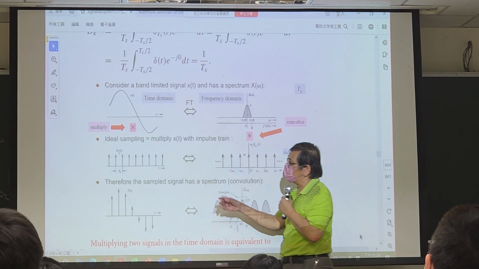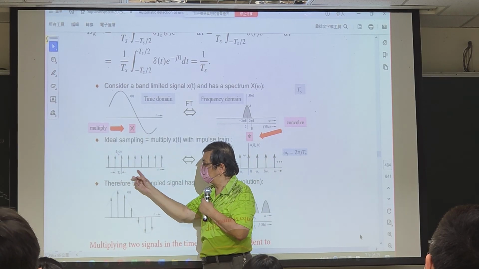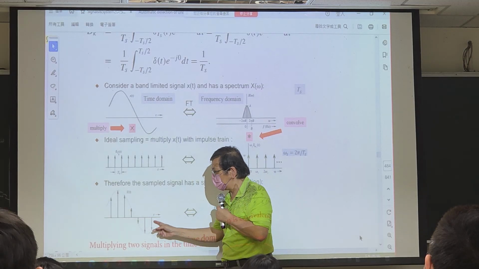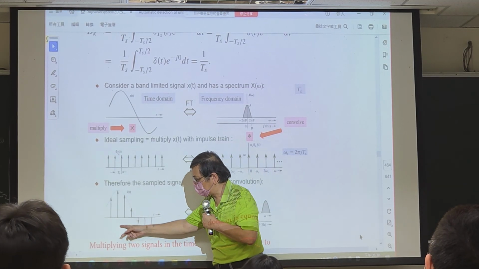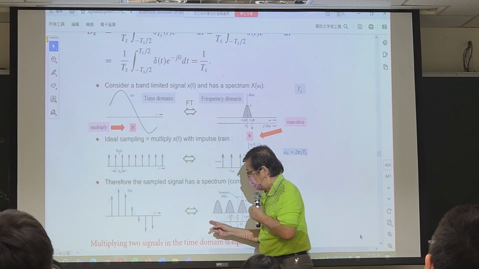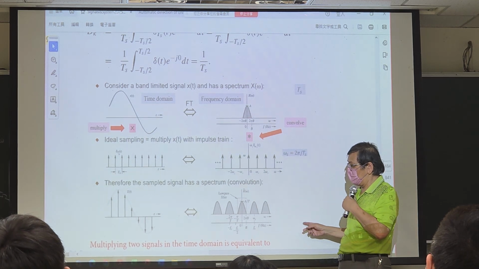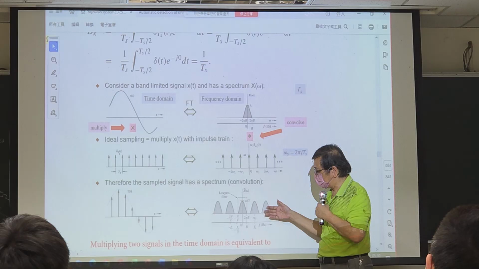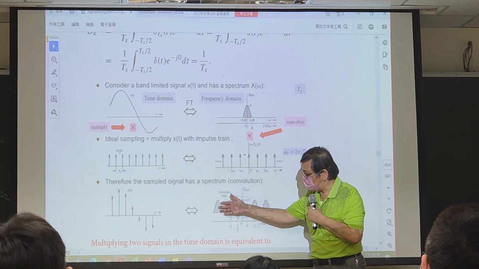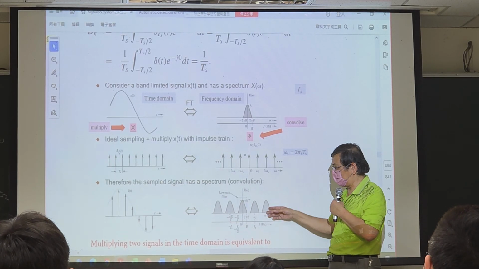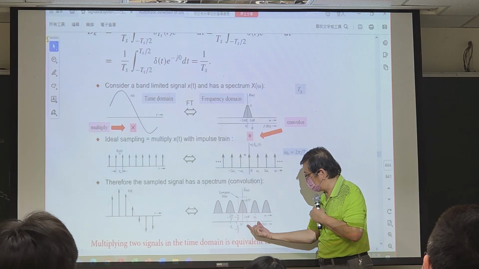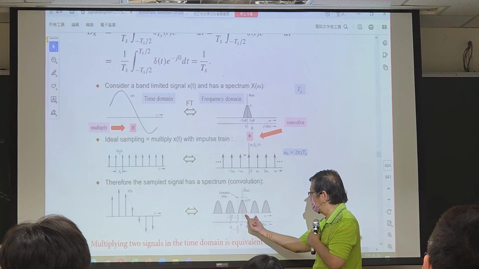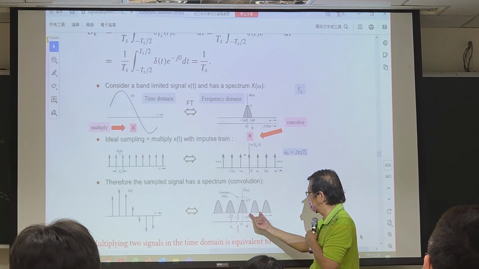But once it goes through sampling, we have the sampled signal, and its frequency response or power spectrum becomes this. We have so many humps, and the distance between the humps is given by the sampling frequency, omega s.